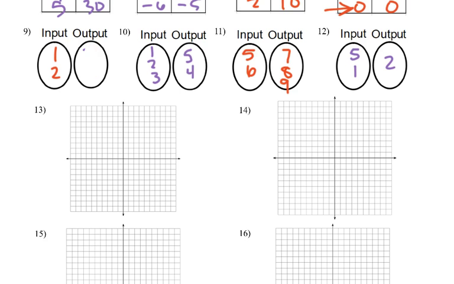So, that should have been in red. So, to make it not a function, I'd have to have one input going to 2 or more outputs. Okay, whereas if they have one input going to one output, that's okay, even if it fits the same output. It's when we have one input that goes to more than one output.